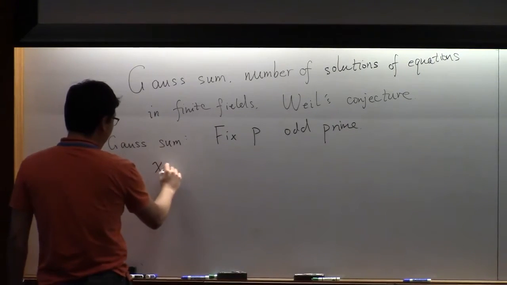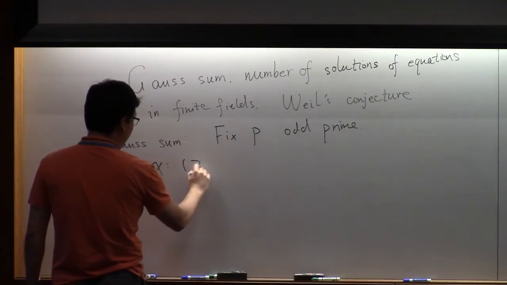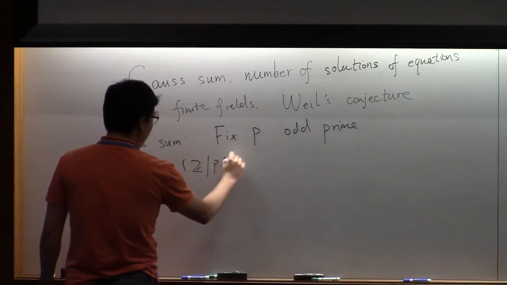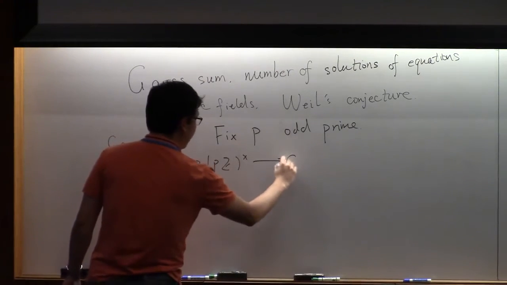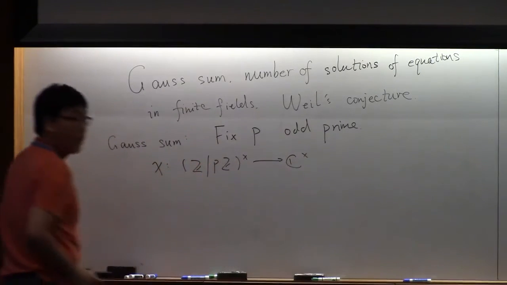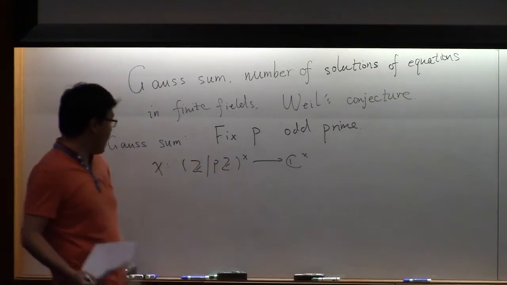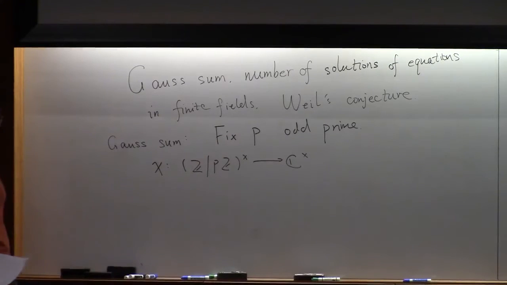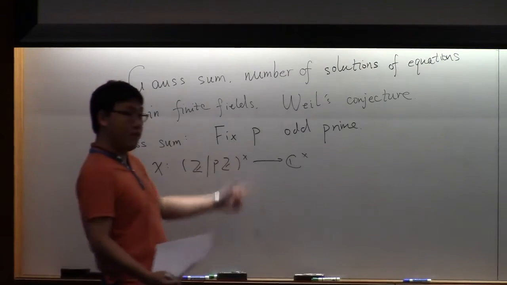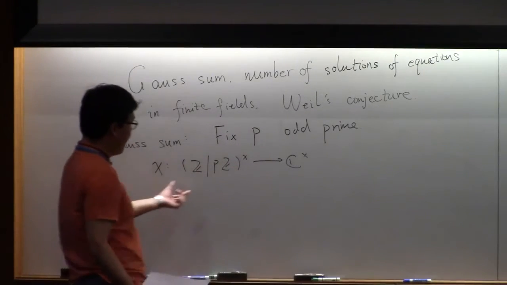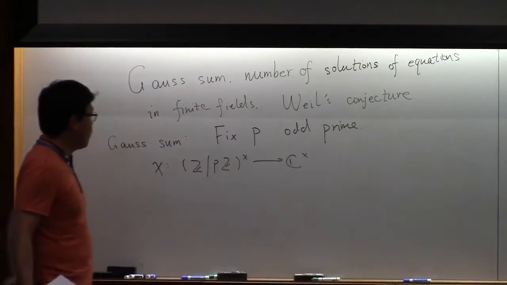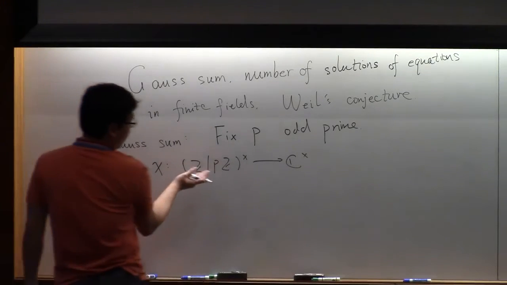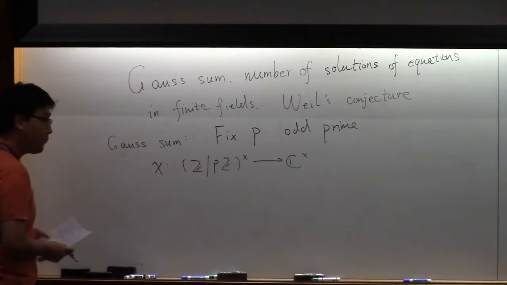And then I fix a character for little p: on the non-zero elements of Z mod pZ, a non-trivial homomorphism from this group to C cross.